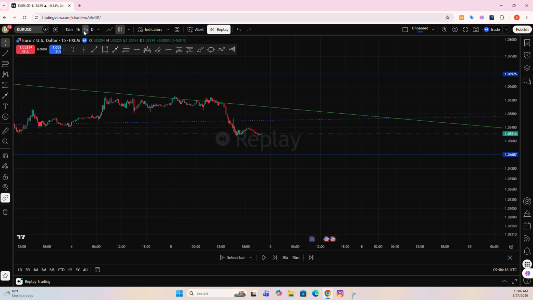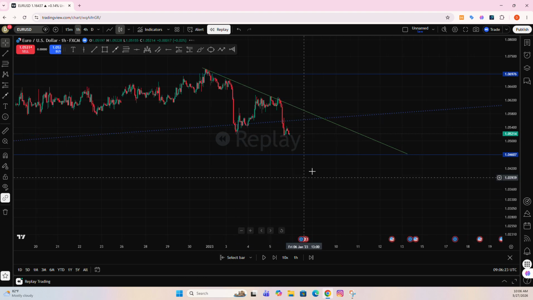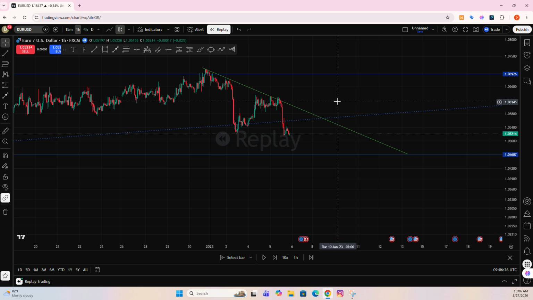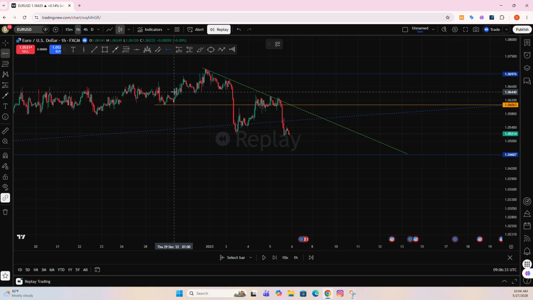Then in 4 hours, then 1 hour. There are things I want us to mark out in 1 hour that are very, very important. This has been mitigated. This here has been mitigated. This side hasn't been mitigated, but this side has been mitigated.